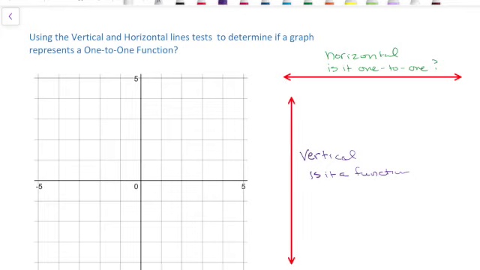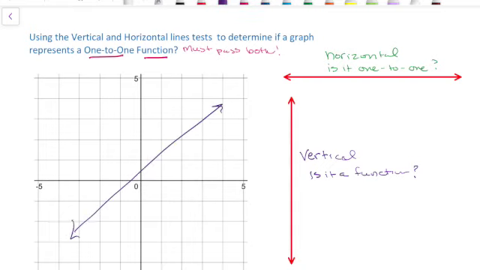This one down here, the vertical line test, tells us if it's a function. So to be a one-to-one function, it must pass both to be a one-to-one function. One-to-one and a function.